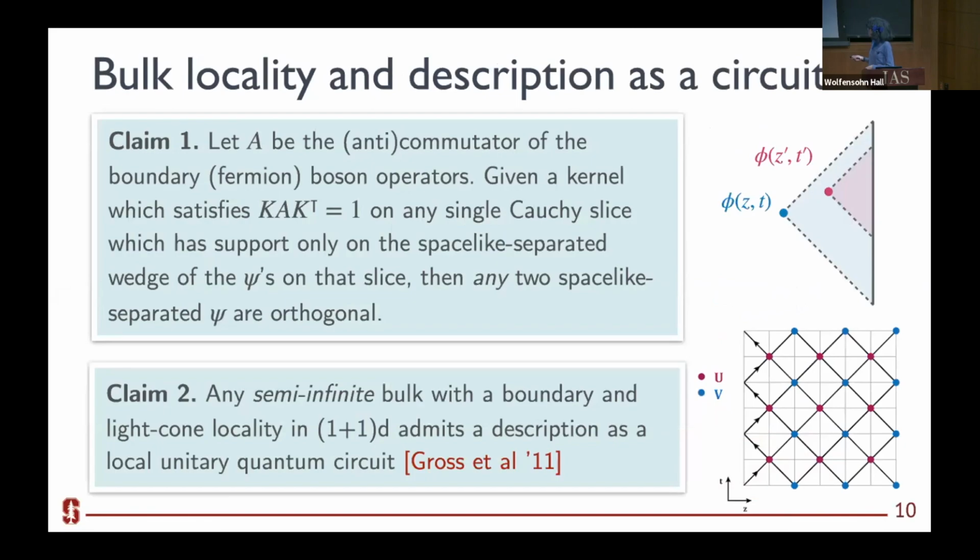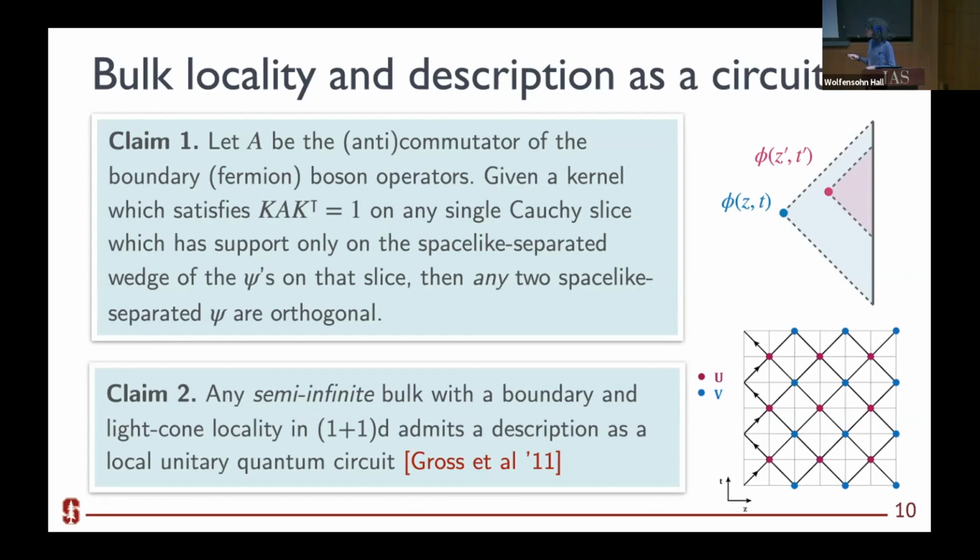Okay, so you'll notice that I've made reference before to creating a bulk Gaussian quantum circuit representation, but in the actual description of the protocol, I made no mention of a circuit whatsoever. And that's just a consequence of the fact that in 1+1D, if you have a semi-infinite bulk with a boundary, as long as it has local dynamics, you can actually show that it can necessarily be represented by a local quantum circuit.